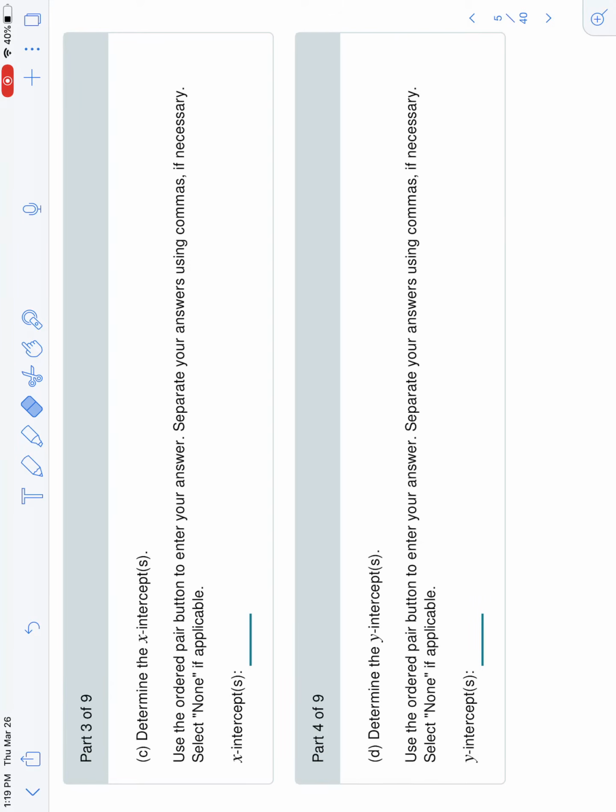All right, we did vertex. Let's do the x-intercept. The equation was, let me write it down, y or g of x equals -3(x plus 1) squared plus 12.